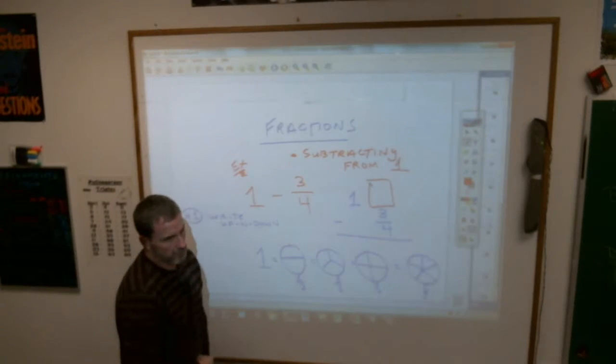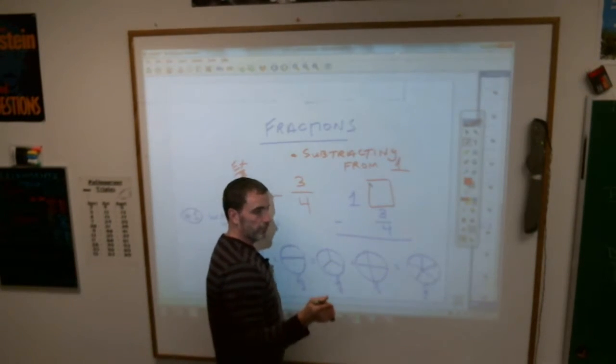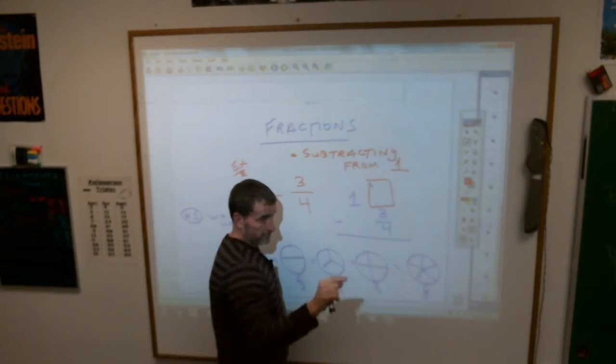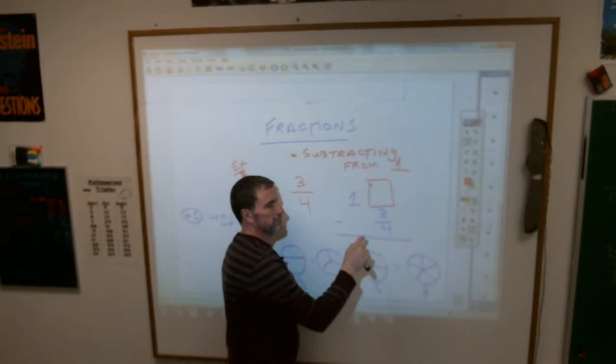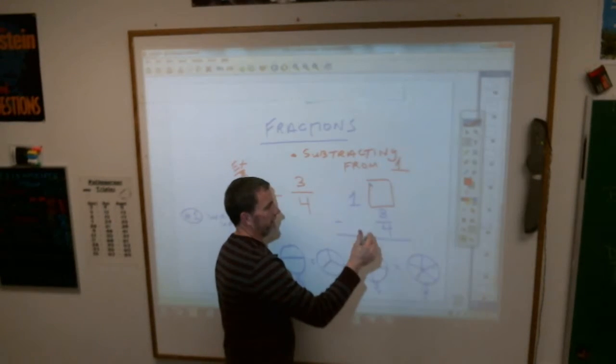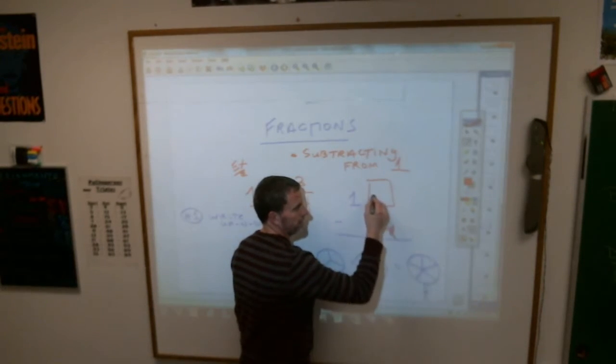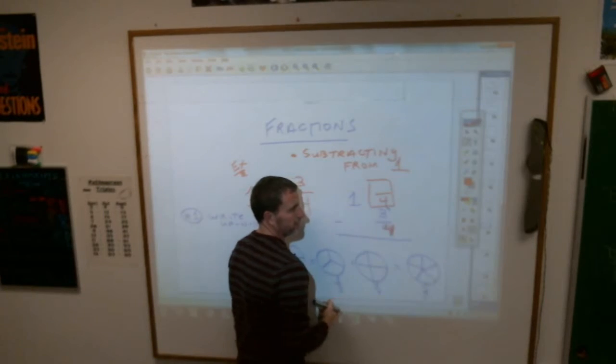4/4. Exactly. Why do I pick 4/4? Because it's so that the bottom number is the same. Exactly. Whatever the bottom number is of the other fraction besides my 1 is the same bottom number I want here.